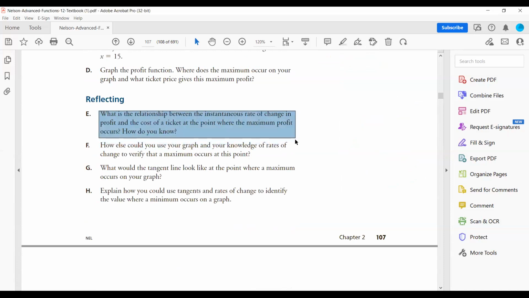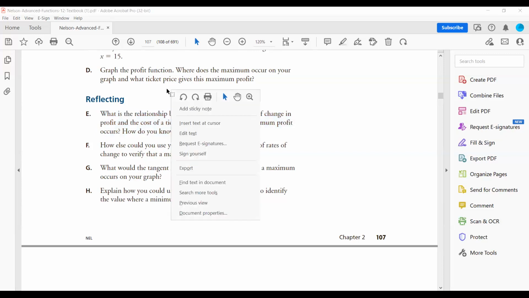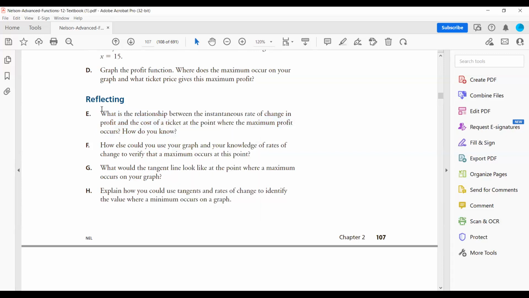Let's reflect on this solution. What is the relationship between the instantaneous rate of change in profit and the cost of a ticket at the point where the maximum profit occurs? The relationship is as follows.